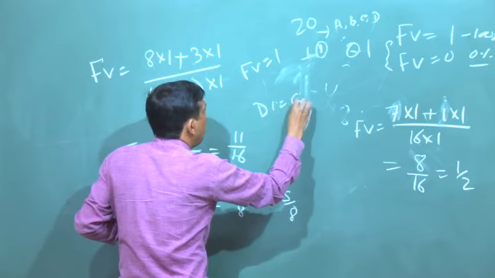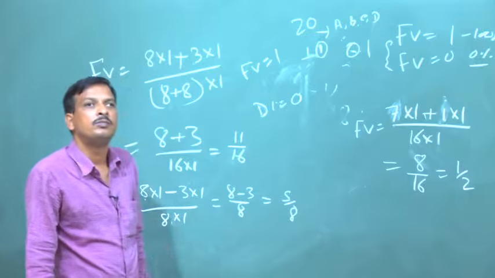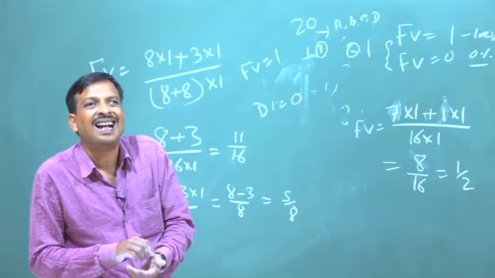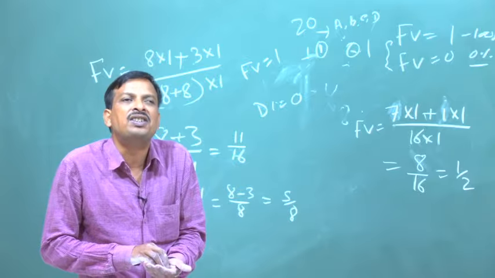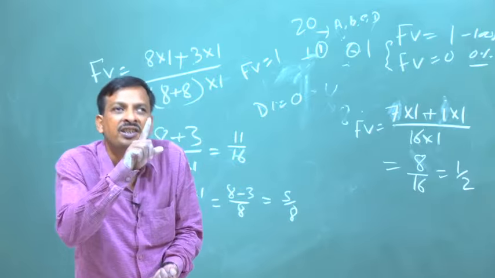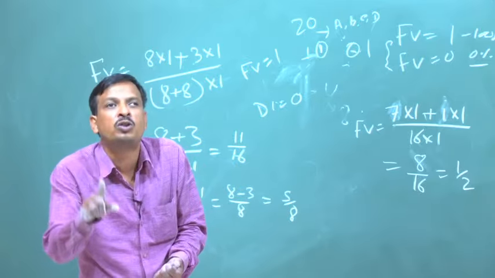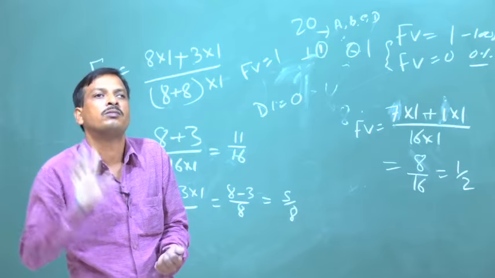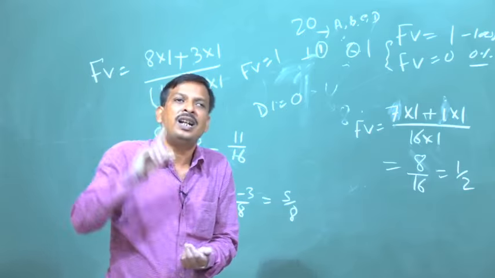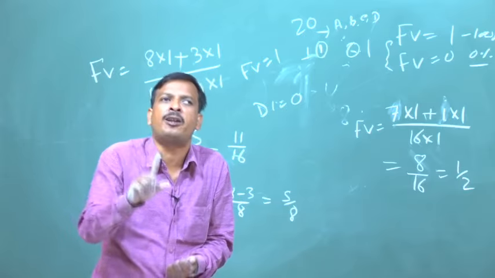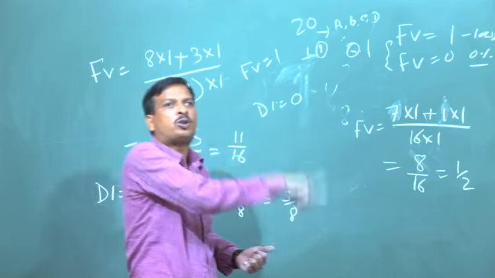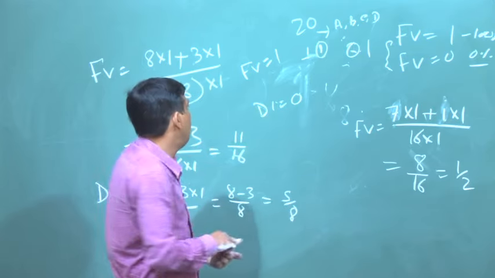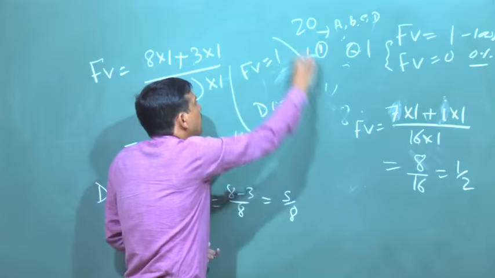So, DI is 0. If a question is answered by everybody, it is not meant for discriminating the good students from the bad students. When I design a norm reference question, the purpose is to discriminate the good students from the bad students. This type of question should not be there.